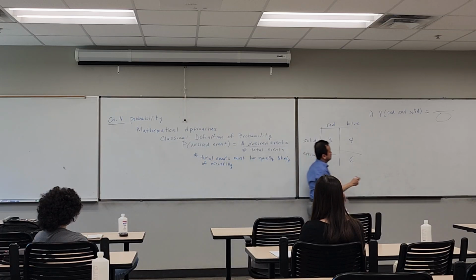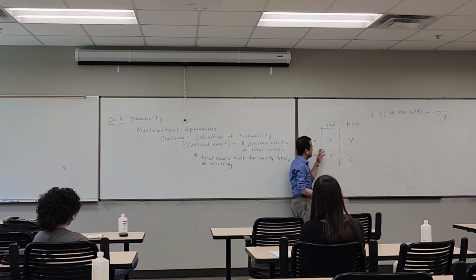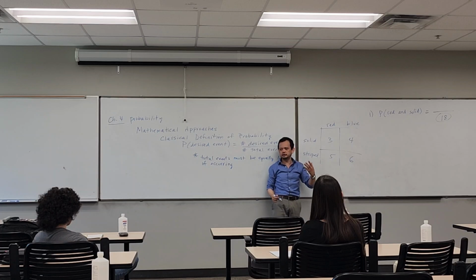So this is a big assumption. If you pick 18 total events here, we're implying that those 18 individual marbles are each equally likely of getting selected. And we know that's true.